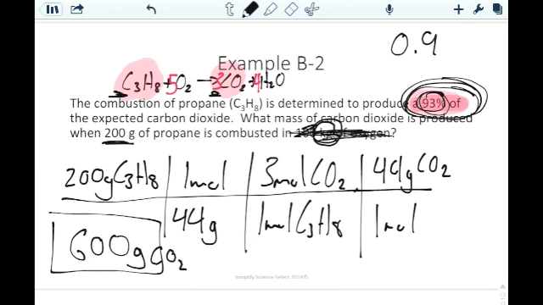So we multiply by 0.93. 600 times 0.93, and we should get something right around 558 grams should be our actual yield that we get.